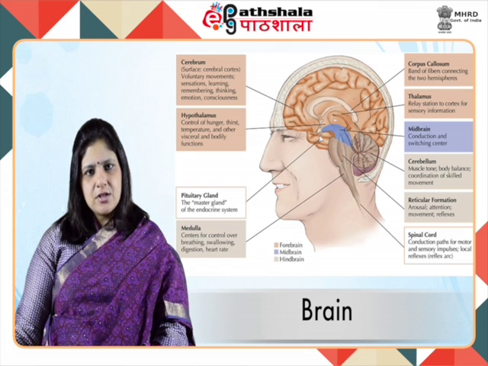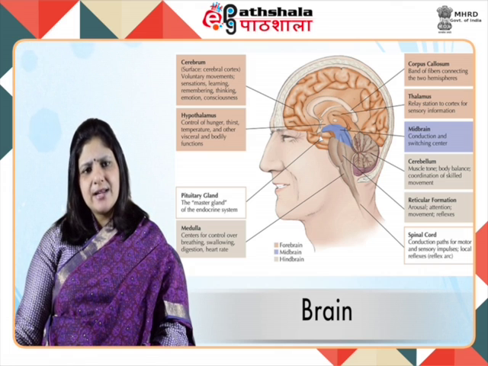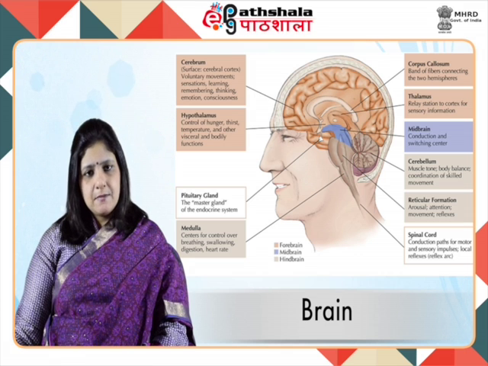Medulla is the first structure above the spinal cord and is 1.5 inches long. The medulla is well developed at the time of birth and plays an important function such as heart rate and respiration. The presence of medulla makes these functions occur automatically. If medulla is damaged, maybe because of too much alcohol consumption, it can lead to the death of a person or serious consequences like being maintained on a life support system.